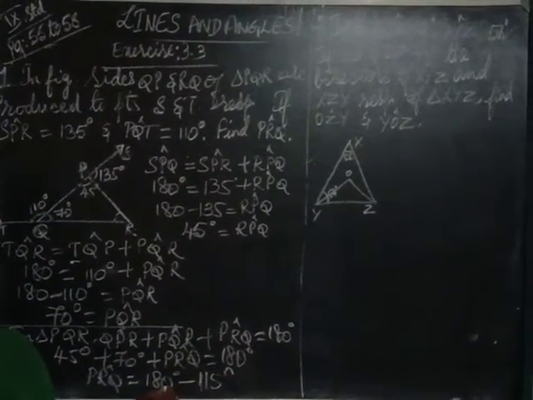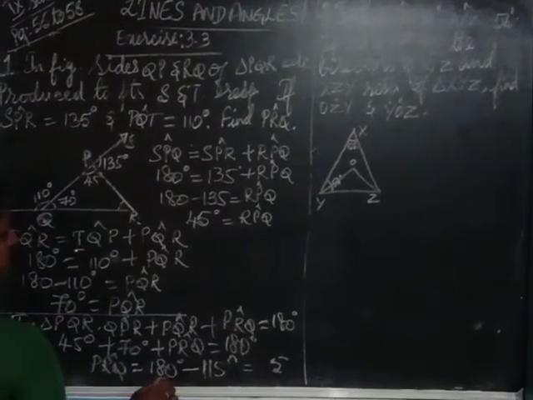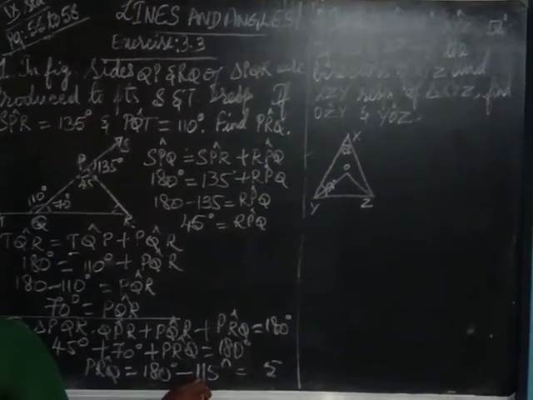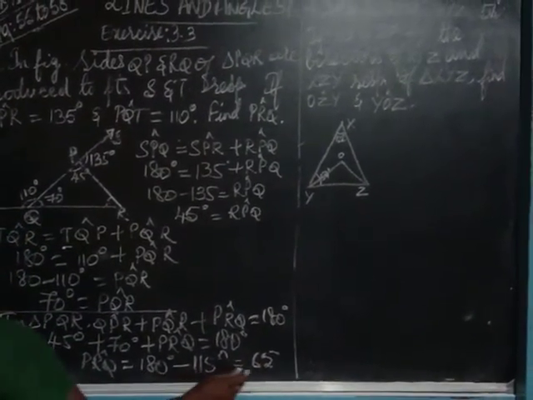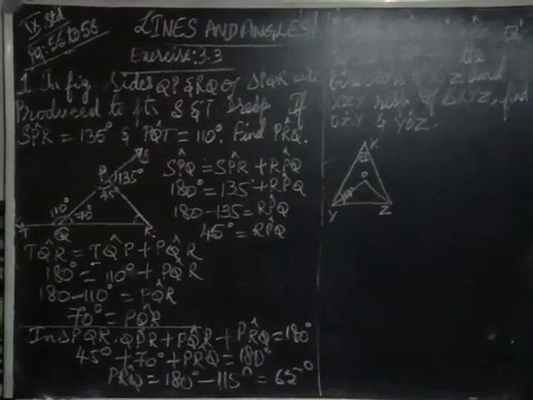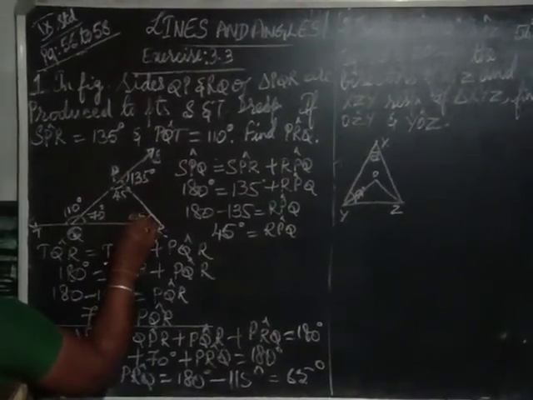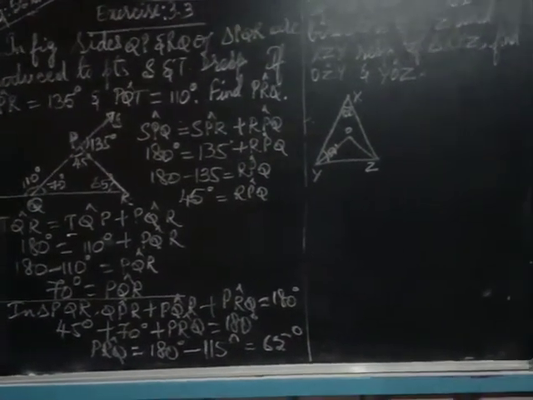Now how much do you get here? 10 minus 5 is 5, 7 minus 1 is 6, so 65 degree. This is what they asked in the question. Now let us move to the next problem.